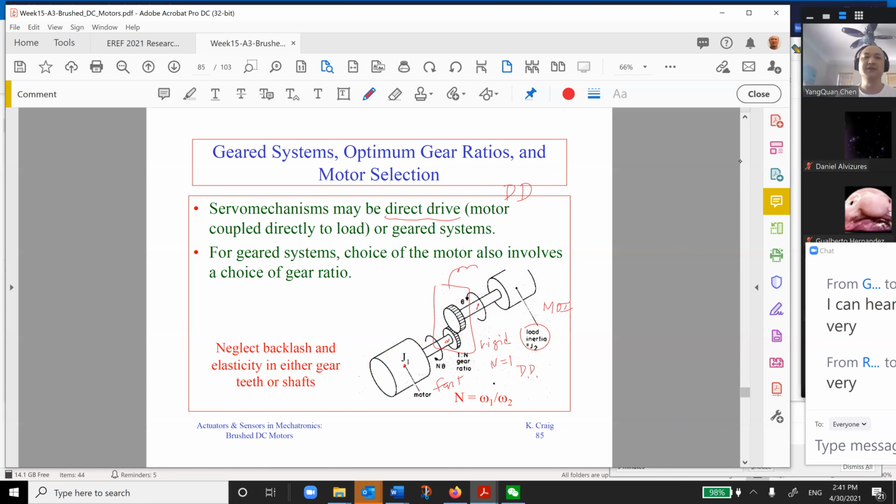Here's the part we haven't gone through. It's called gear ratio. In practice, the gear ratio is not chosen arbitrarily. It would be better without a gearbox because a gearbox is mechanically a weak point. Eventually the gear will get worn or it's too old. You need to replace it, or because of shock, you could break the teeth.